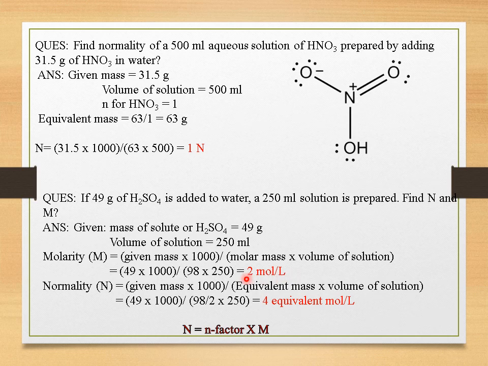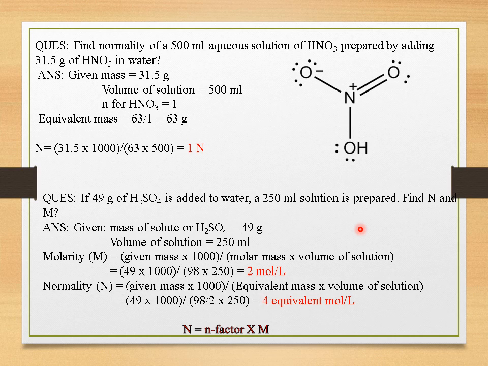Now let's calculate the normality. Normality is given mass. Just compare the two formulas, please. Given mass into 1000, same, divided by volume of the solution, same, but here the molar mass is not there, it is the equivalent mass. Equivalent mass is molar mass divided by N factor. For H2SO4, there are two OH groups that can replace their hydrogens.